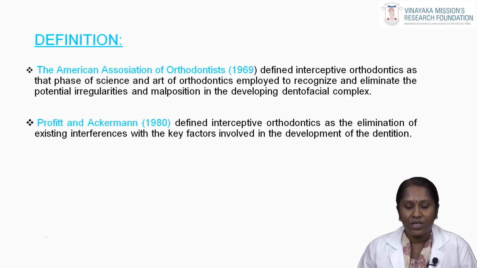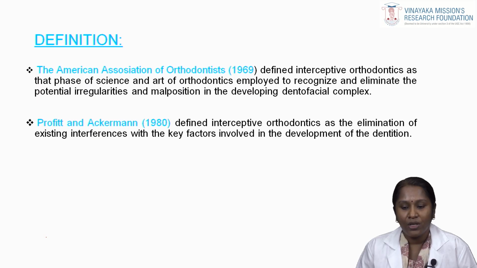According to the American Association of Orthodontists in 1969, interceptive orthodontics is that phase of the science and art of orthodontics employed to recognize and eliminate potential irregularities and malposition in the developing dentofacial complex. According to Proffit and Ackerman in 1980, it is the elimination of existing interferences with the key factors involved in the development of the dentition.